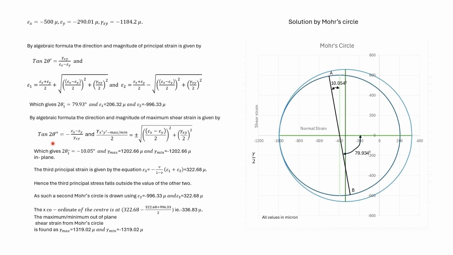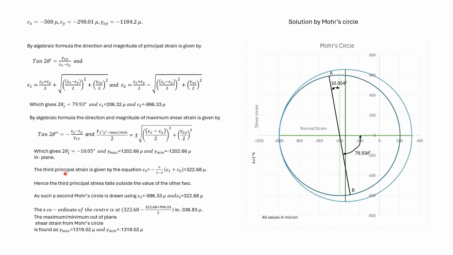Direction and the magnitude of the maximum and minimum in plane shear strain is given by these formulas. Substituting appropriate values, we get the angle and the value of the maximum and minimum in plane shear strain.